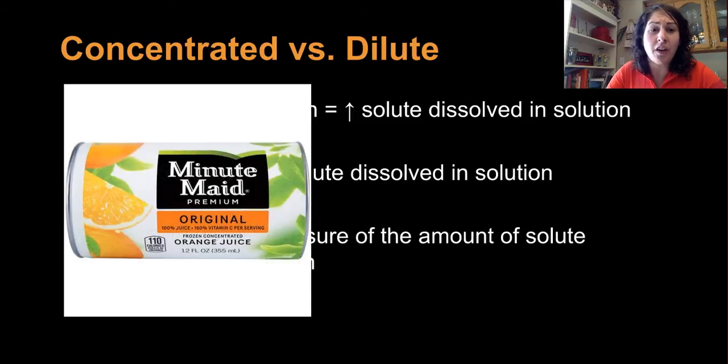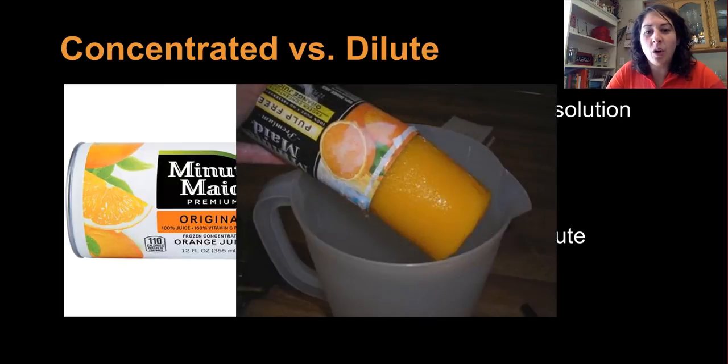So I think of concentrated as being something like concentrated orange juice. Here we have some concentrated frozen orange juice. If I want to make that into a dilute solution that's not so concentrated, because I don't think I could quite stomach that concentrated of orange juice, we take that orange juice and put it into a container and mix it up with water.